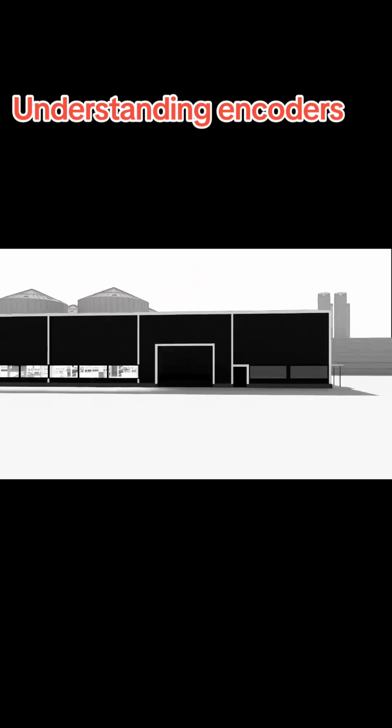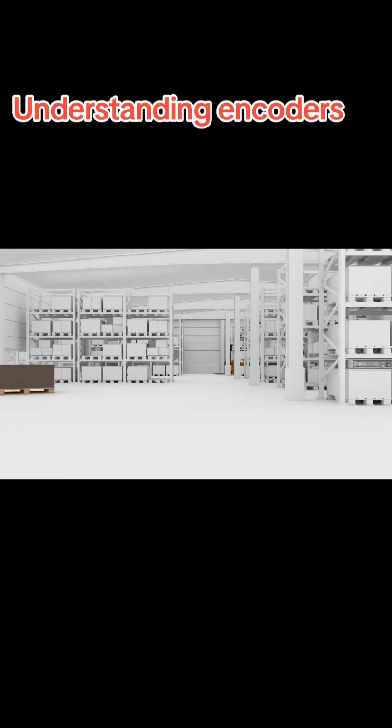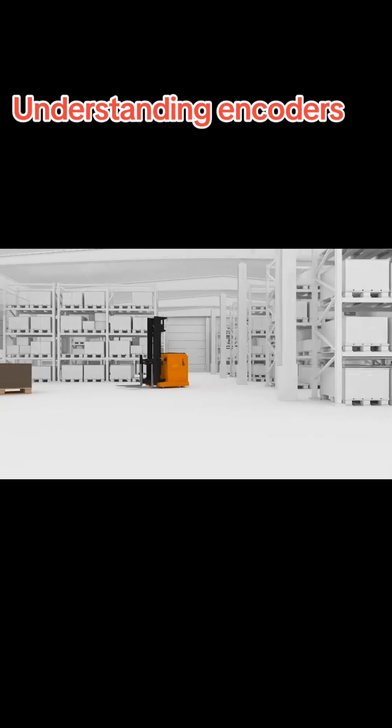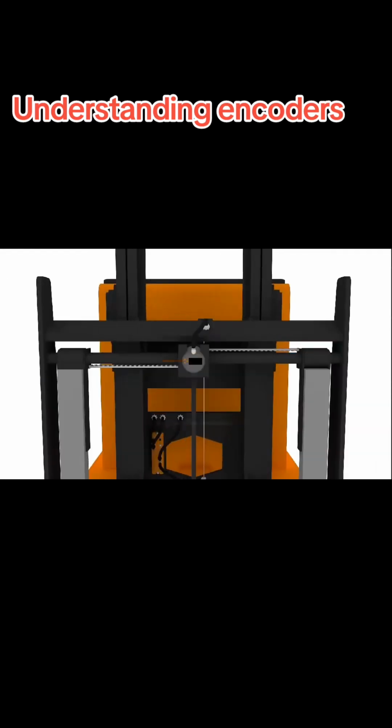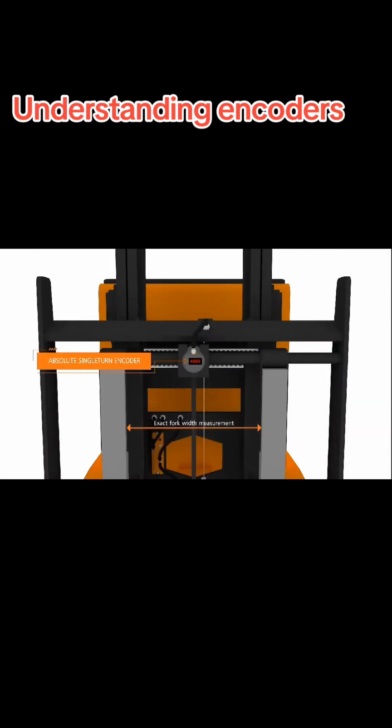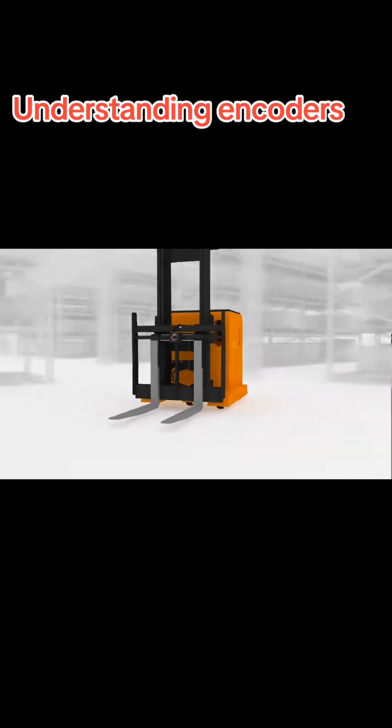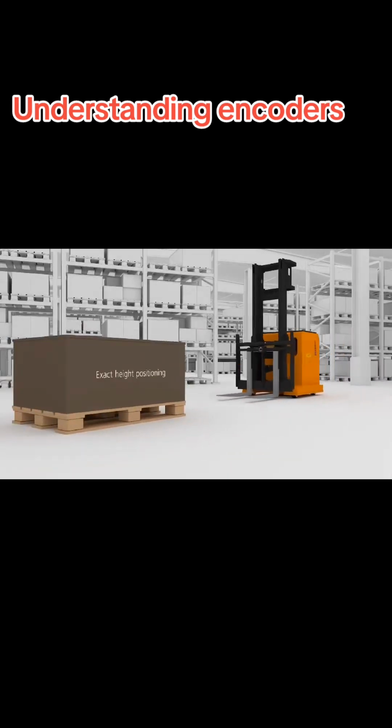So now let's talk about the practical side of it. Since we know that with an absolute encoder you can tell the exact position of the shaft in its rotation at any given time, and you measure both position and direction, that's your absolute encoder.